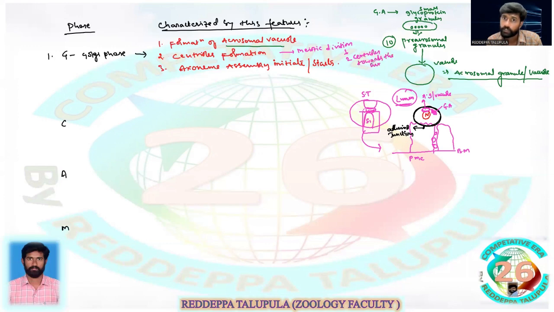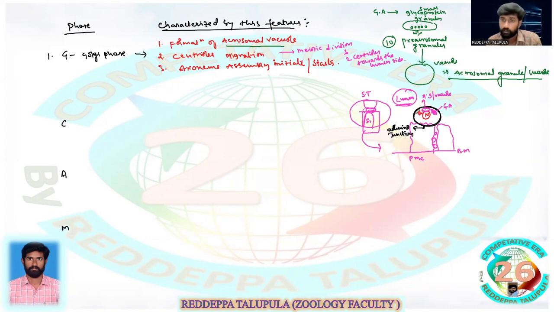Now, the centrioles are already formed in the process of meiosis. What we see now is centriole migration, not formation. Centriole formation happens due to meiotic divisions 1 and 2. The centrioles formed towards the lumen side will migrate.